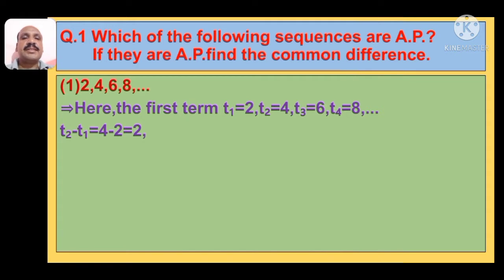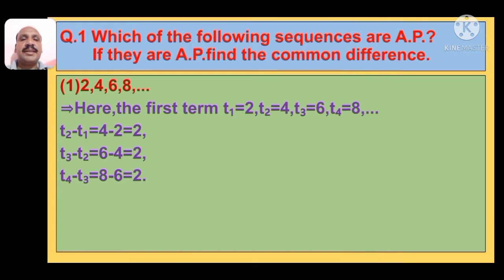Here T2 minus T1 is equal to 4 minus 2, which is equal to 2. T3 minus T2 is equal to 6 minus 4, which is equal to 2. Here T3 is the next term and T2 is the previous term. We subtract the previous term from the next term.